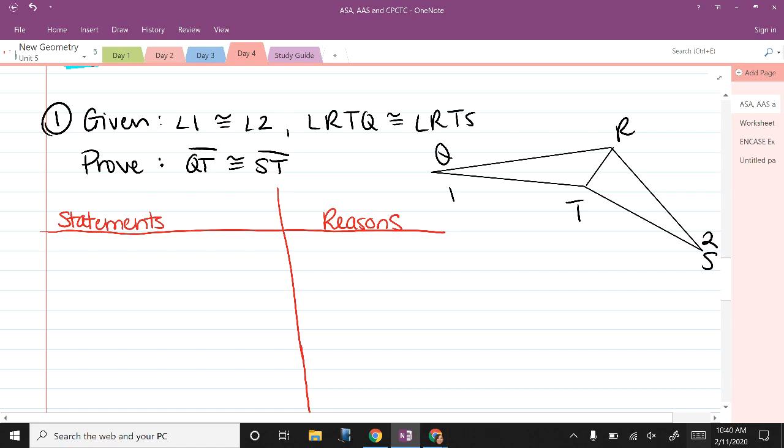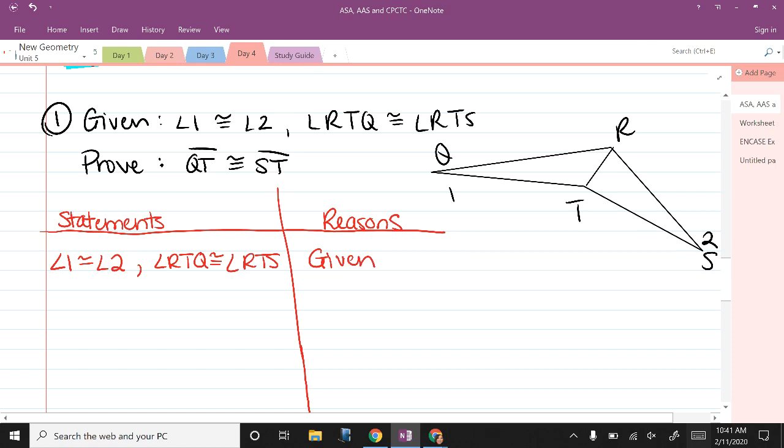So now what's going to go for my first statements? The givens, right? What all is given to me? Angle 1 is congruent to angle 2. Is that all? Very good. So write all of that down in your first statement, and the reason for all those is given.